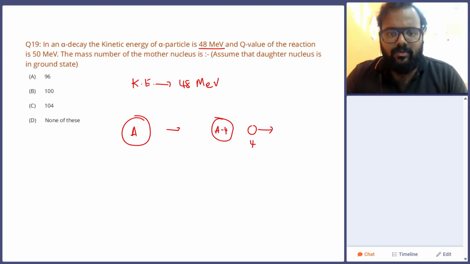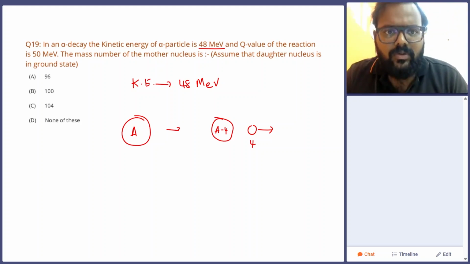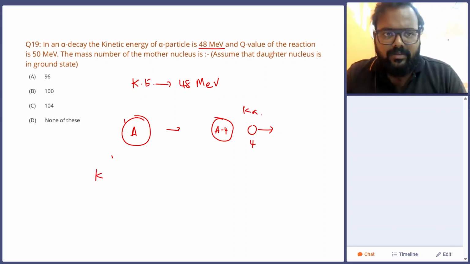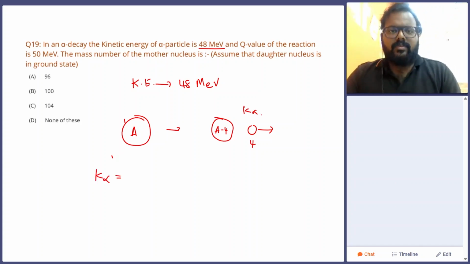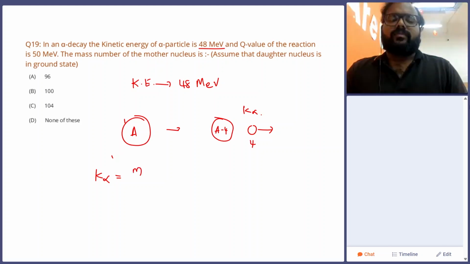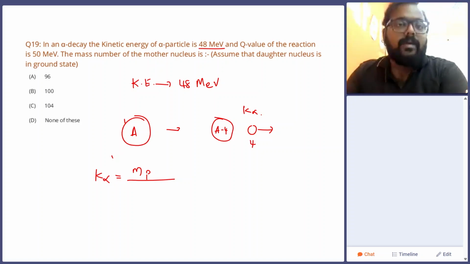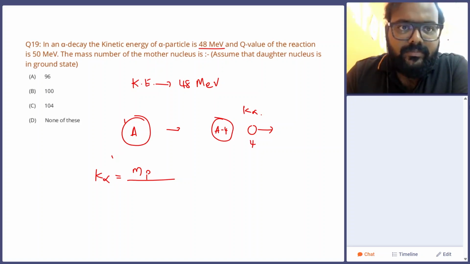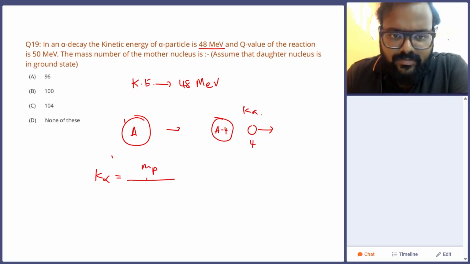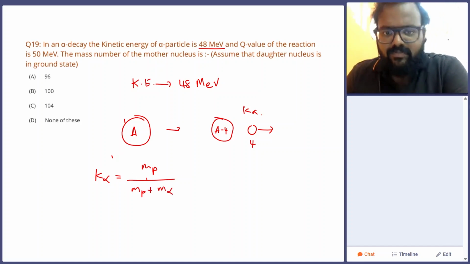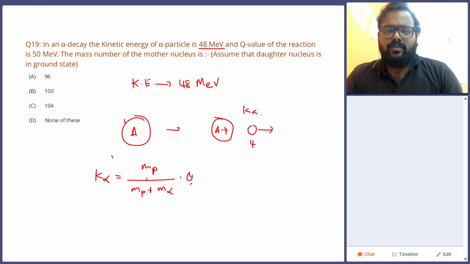So let's say the kinetic energy is K alpha. K alpha must be equal to the mass number of the product divided by the total mass, which is the mass number of the parent plus the mass number of the alpha particle, and this should be equal to the Q value.